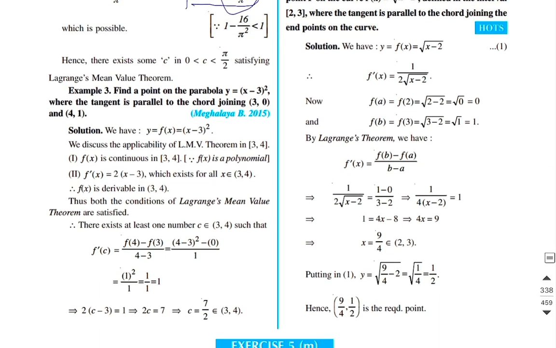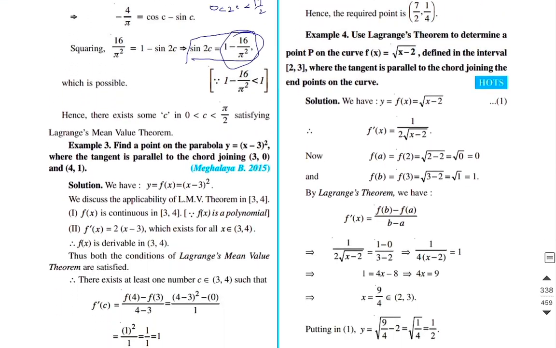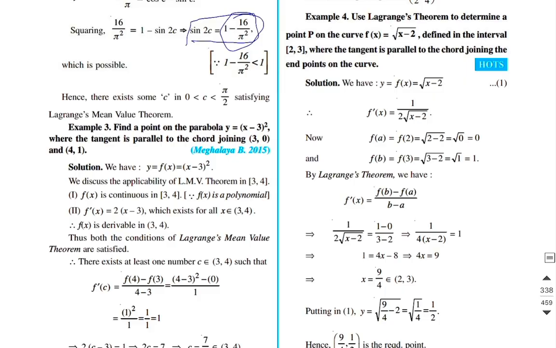Okay, next we have a parabola y equals (x minus 3) square, and again you can easily solve this question. Here you have to find where the tangent is parallel to the chord joining (3, 0) and (4, 1). So what you are given here is (3, 0), that is, a is given to be 3 and f(a) is given to be 0. Similarly b is given as 4 and f(b) is given to be 1.